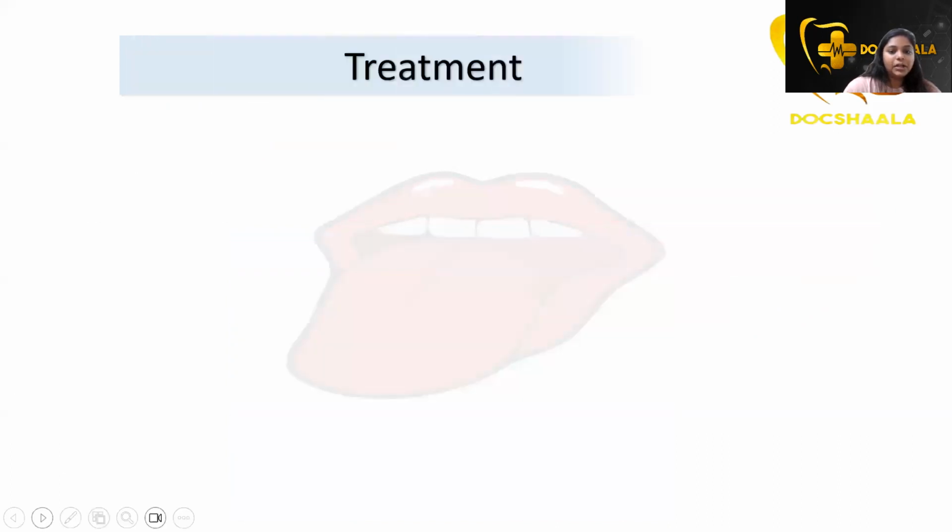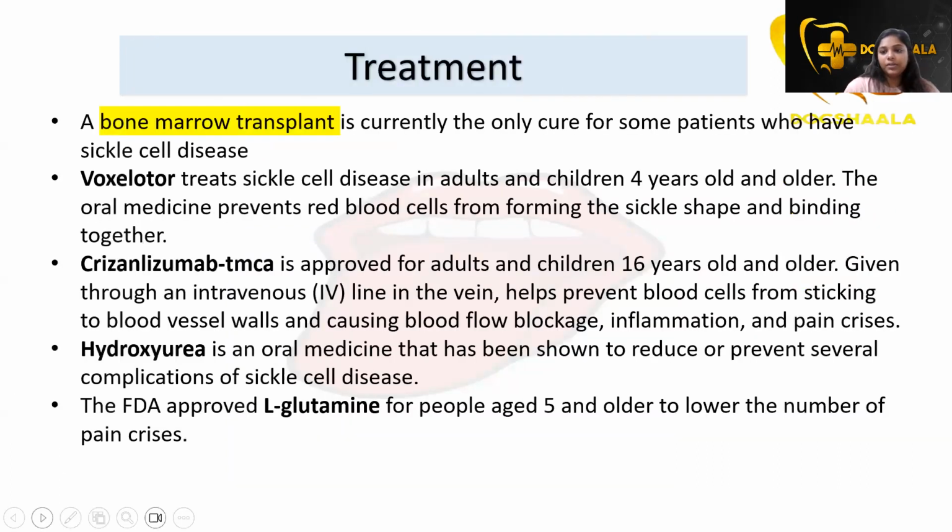Then coming to the treatment, bone marrow transplant is the only cure we have now. Apart from that, there are other treatment options also, such as Voxelotor, which treats sickle cell disease in adults and children 4 years old or older. It is an oral medicine which prevents RBCs from forming into sickle shape and binding together.